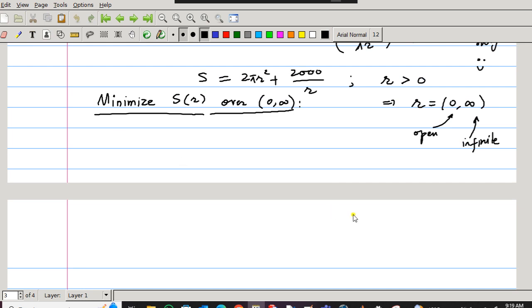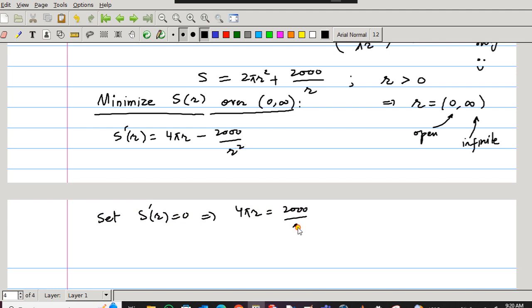So I can write again, S prime of r is 4 pi r minus 2000 by r square. We set S prime of r equal to 0, which gives 4 pi r equals 2000 by r square.